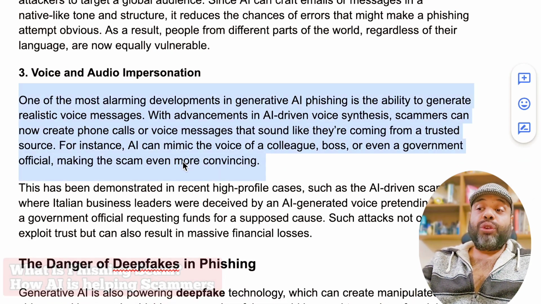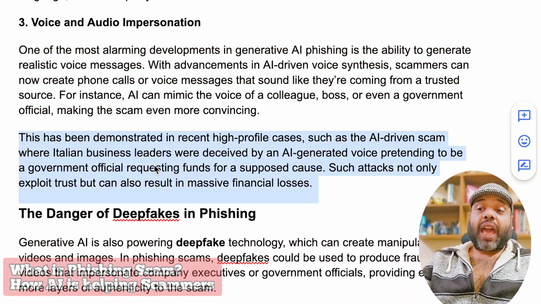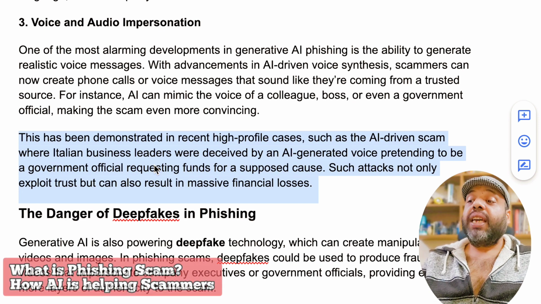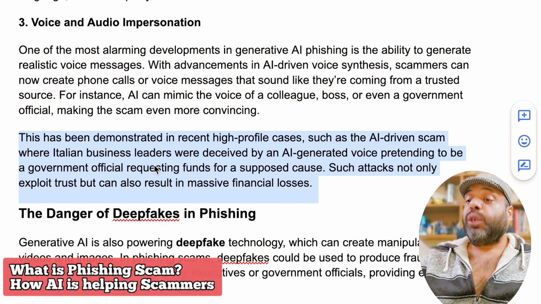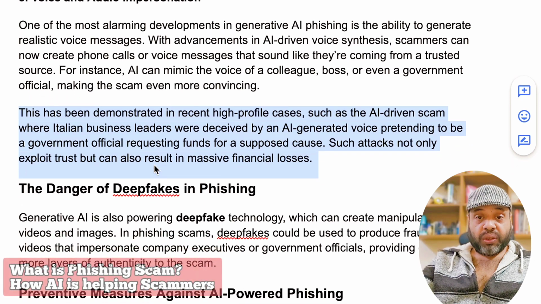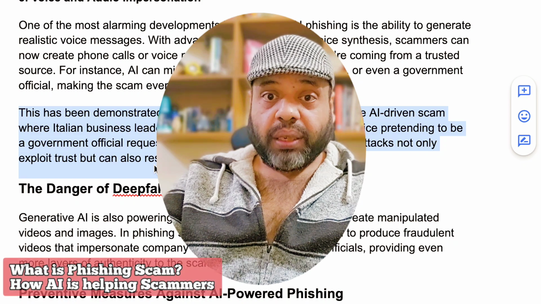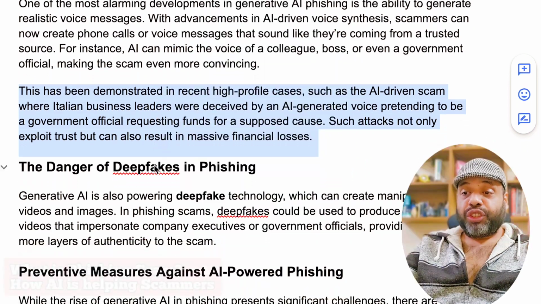This has been demonstrated in recent high-profile cases, such as an AI-driven scam where Italian business leaders were deceived by an AI-generated voice pretending to be a government official requesting funds for a supposed cause. Such attacks not only exploit trust but can also result in massive financial losses. And let's not forget about mental harassment and the trauma, right? I mean, it's traumatic.